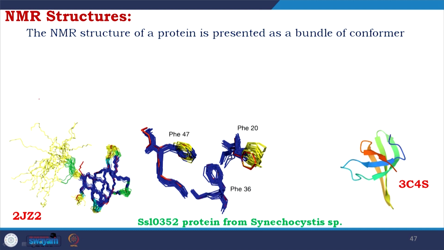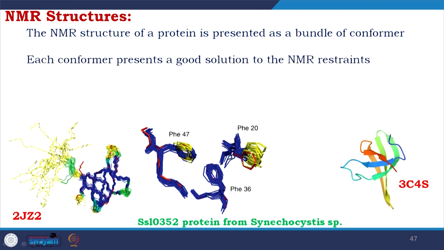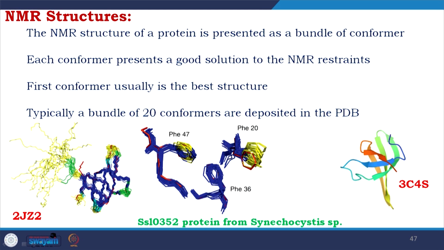So, you see that the dynamics of the loop is higher. So, you get a lot of conformations. Each conformer presents a good solution to the NMR restraints. The first conformer usually is the base structure, and finally, typically a bundle of 20 conformers are deposited in the PDB.